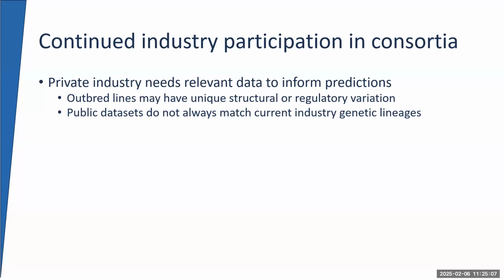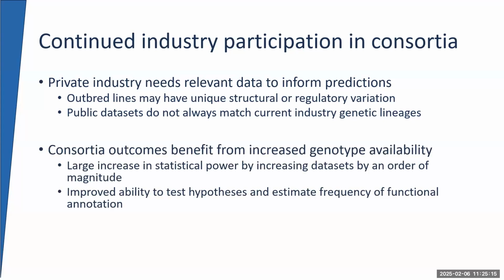So having relevant data sets really improves the state of prediction in private industry. But I also recognize that consortia benefit more from increased amounts of data, including animal genotypes. You get improved statistical power to detect low-frequency events by having these larger data sets.